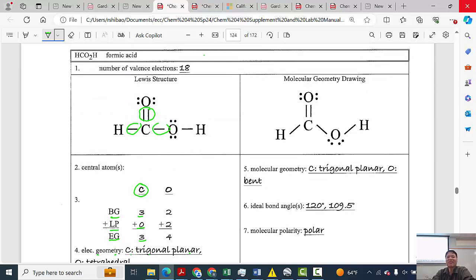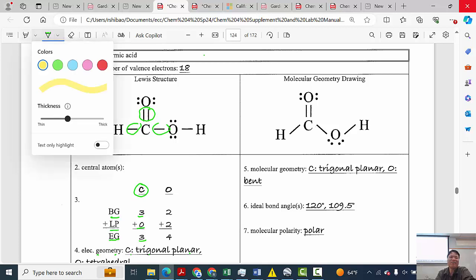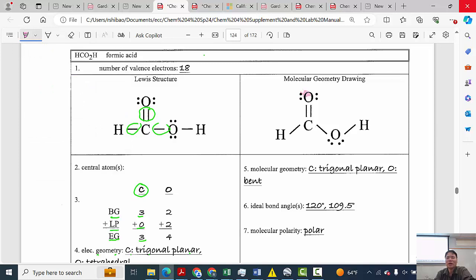Okay, then when we look at the molecular geometry, so we have the electron geometry here, which is trigonal planar. The ideal angle for trigonal planar is 120. And so that's what they're asking for here, just the ideal angle. Now, we're going to figure out the electron geometry first, and then after the electron geometry, we figure out the molecular geometry. The molecular geometry is the geometry of the bonded atoms.